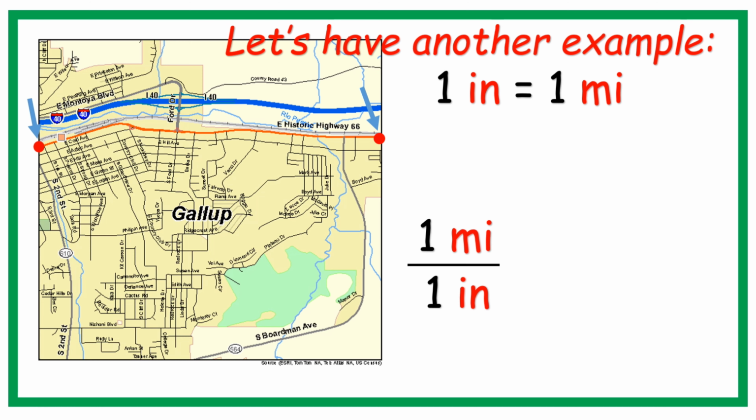First, let's write the things that we already know, the given. 1 mile is equal to 1 inch. Or 1 inch is equal to 1 mile. Same thing. Then, we don't know the miles, so let's put A as the variable.